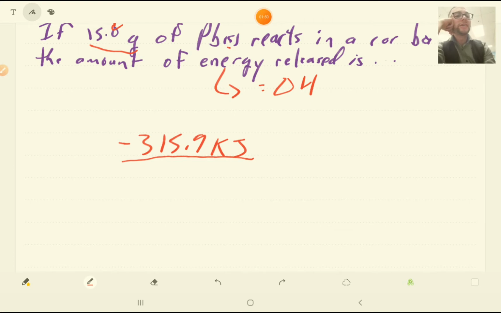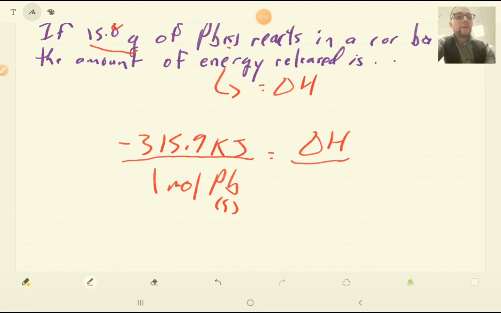We start by saying that there are 315.9 kilojoules released, the negative tells us it's released, for every 1 mole of lead that gets used. Now, if 315.9 kilojoules are released, then how many kilojoules are produced when 15.0 grams are used?